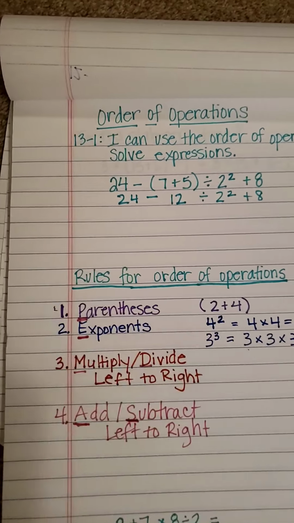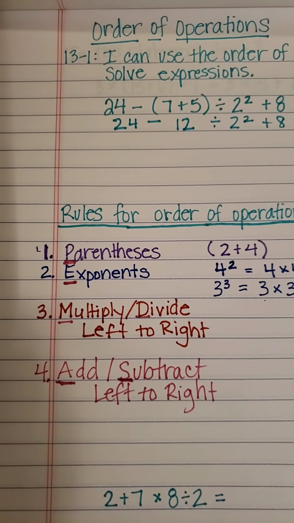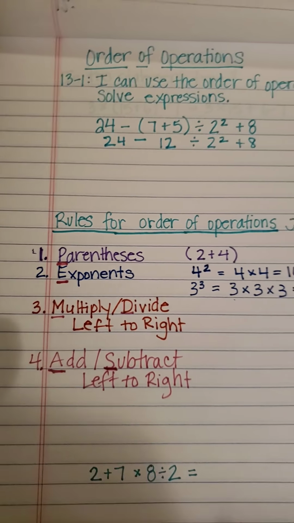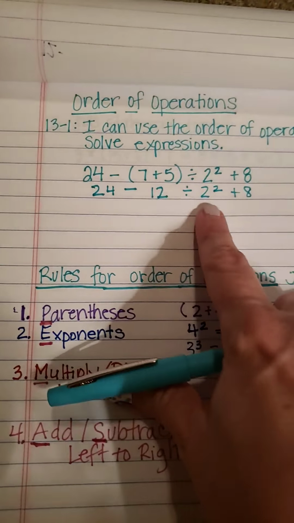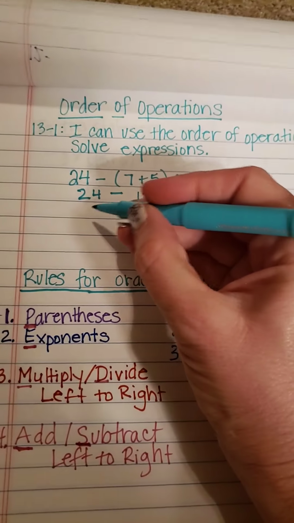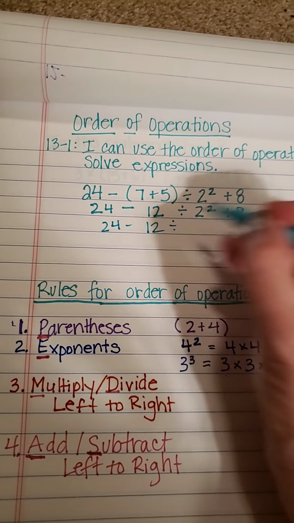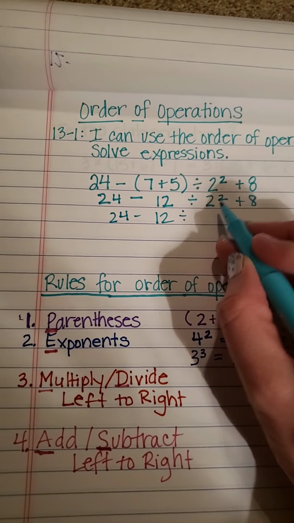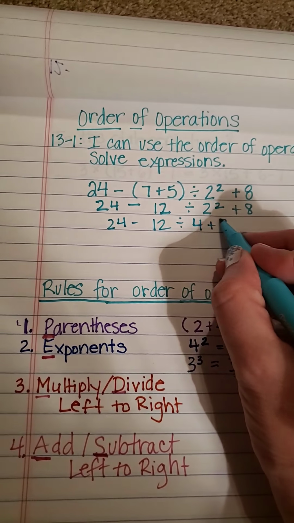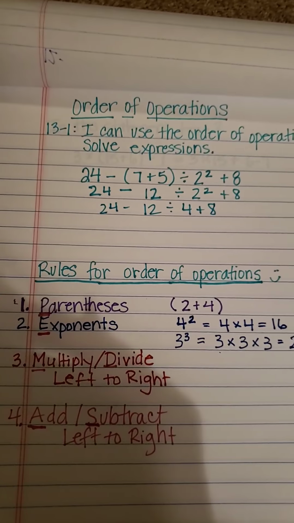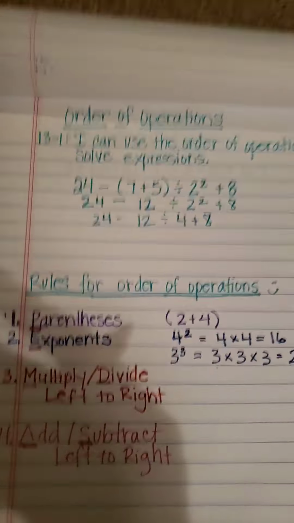What's going to be what we do second? If you're thinking exponents, you're exactly right. 2 to the second power. So now we've got 24 minus 12 divided by 2 to the second power, that's 2 times 2, plus 8. What are we going to do next?